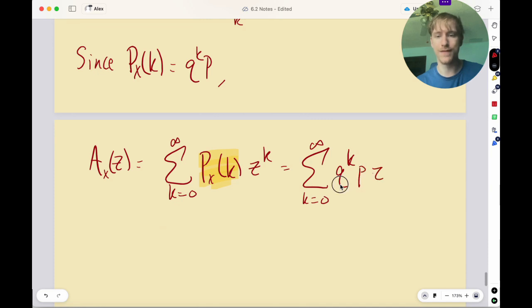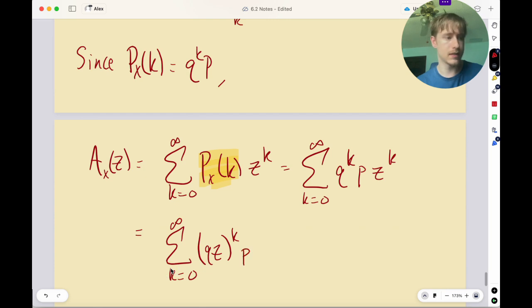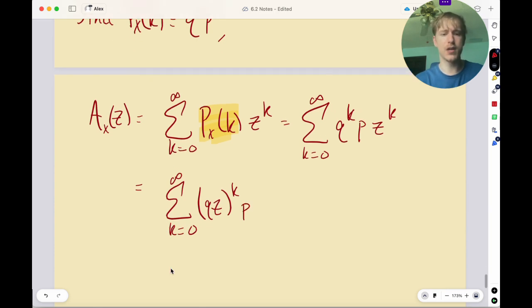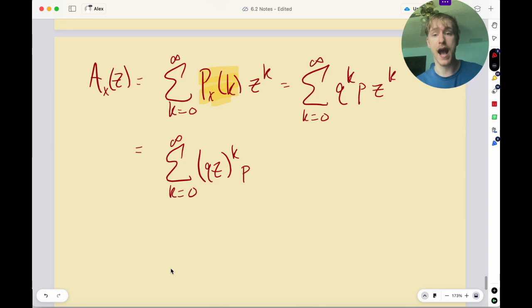And oh, look, we have 2 things. Just like in the previous 2 examples, we have 2 things being raised to the k power. So we can go ahead and combine those. So this is going to be qz to the k times p. First thing that I'm going to do is I'm going to go ahead and pull the p out.